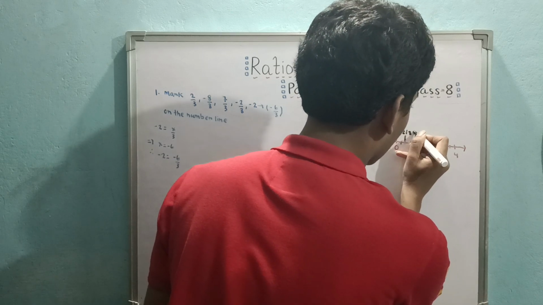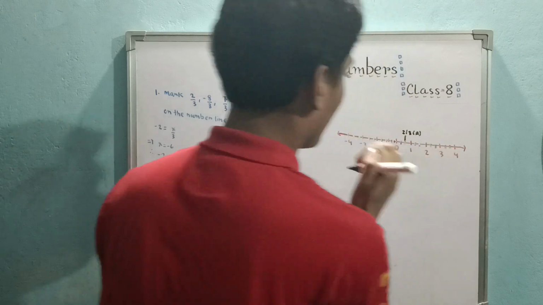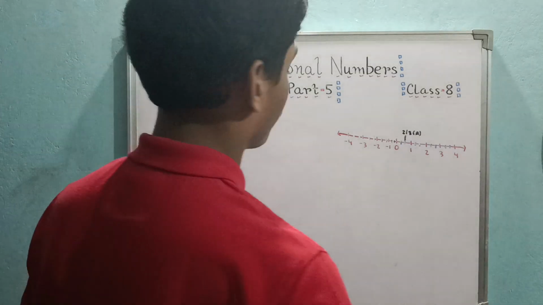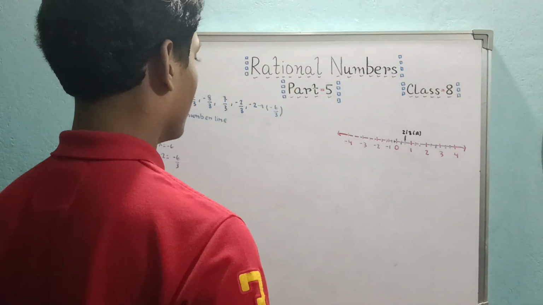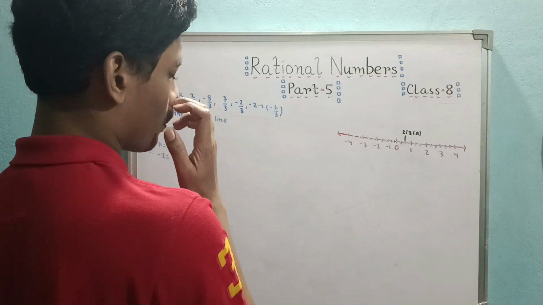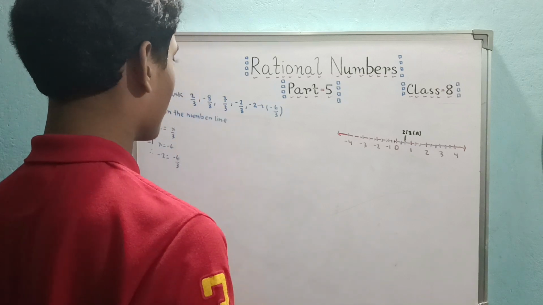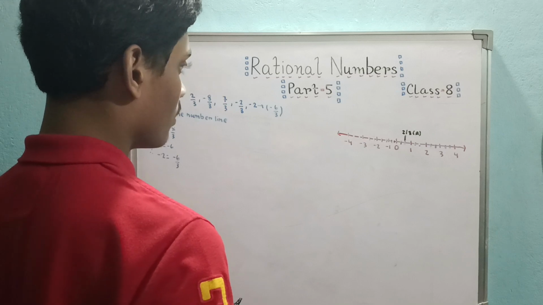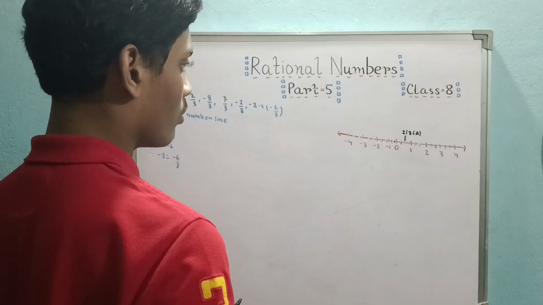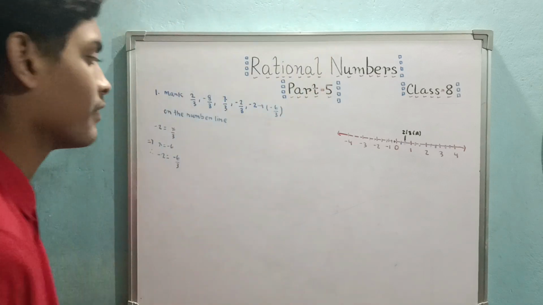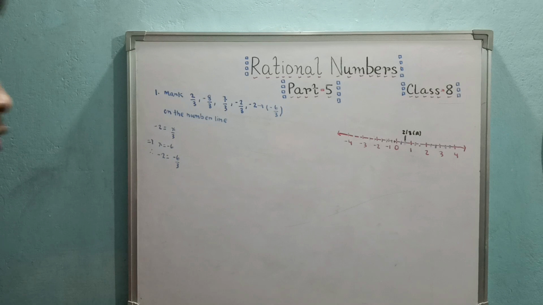Let it be A. Then the next is minus 8 by 3, which is minus 2 whole 2 by 3. Right, minus 8 by 3 is minus 2 whole 2 by 3.